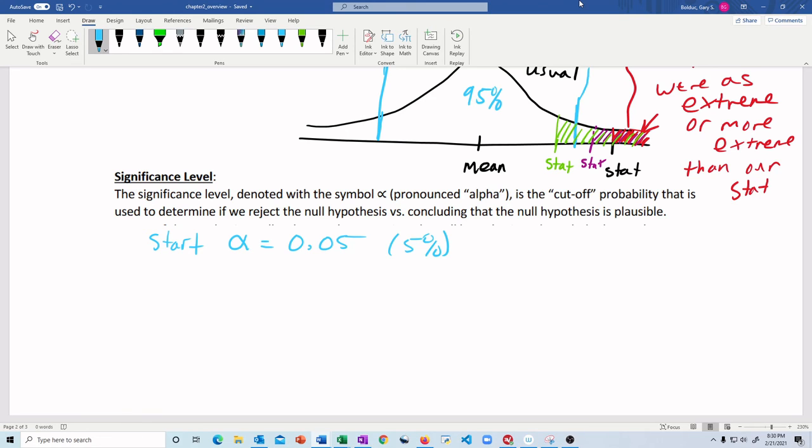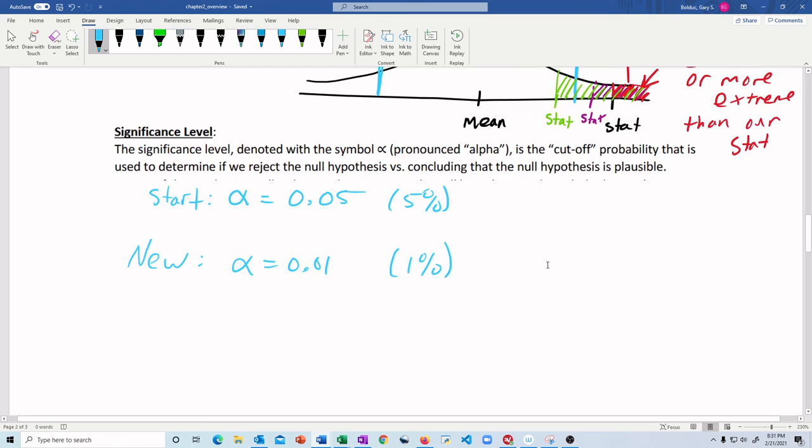Well, we are actually going to talk a little bit now about, what if I don't want that as my cutoff? What if I want my cutoff to be 0.01, 1%? Why does it have to be 5%, right? What if I really want a really extreme thing to be what triggers unusual? I need to make that harder to get to. Then you would change your alpha.